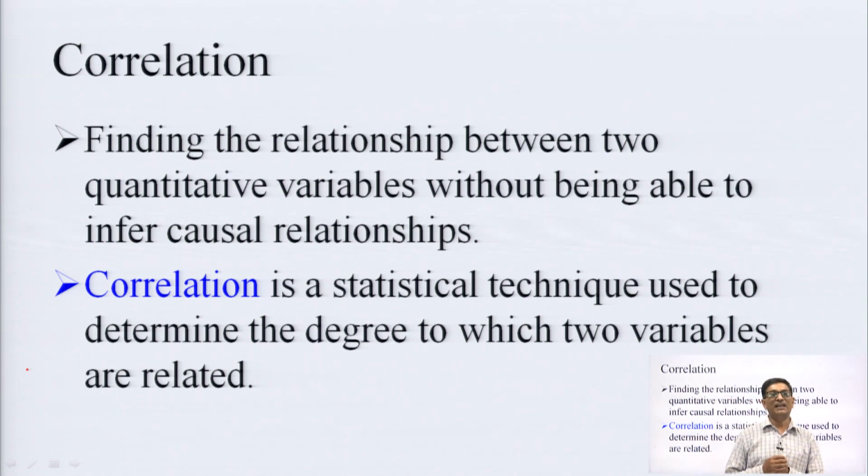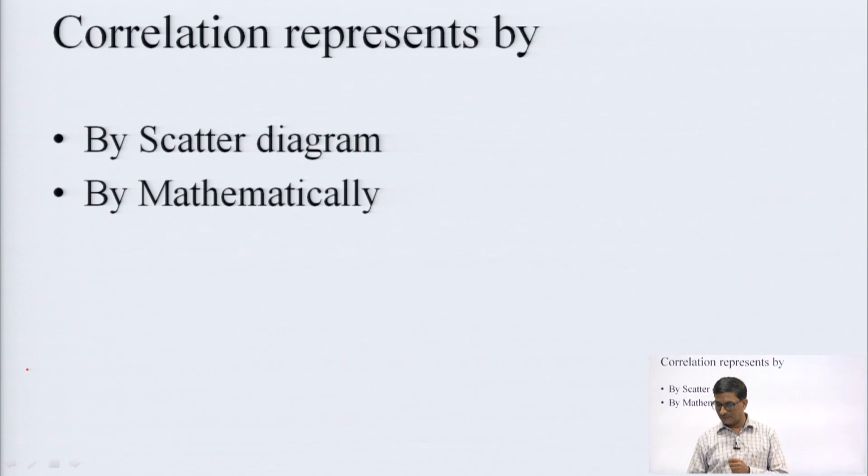So, we can say correlation is a statistical technique used to determine the degree to which two variables are related. That means, in correlation we find the degree of the relationship.